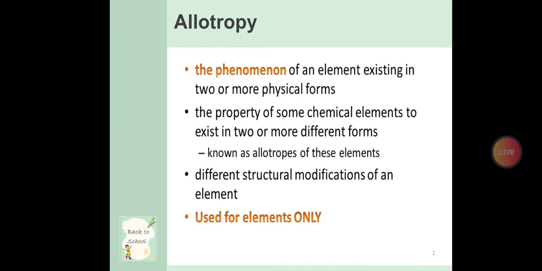This is because of different arrangements of atoms, and the phenomenon exhibited by them is allotropy. This may involve different structural modifications of an element and is used for elements only.